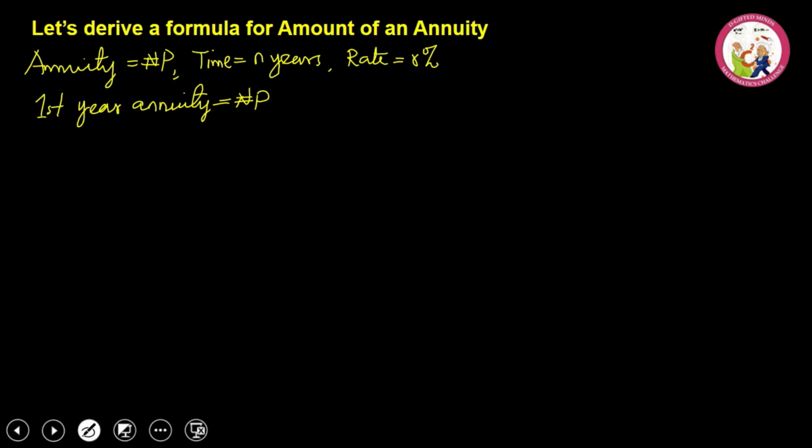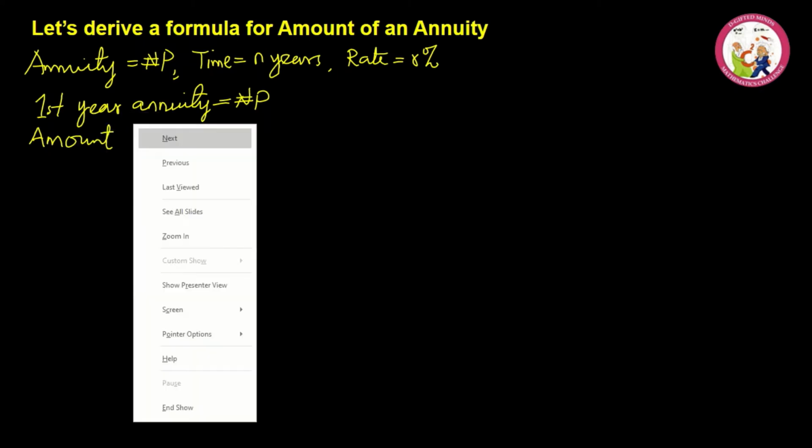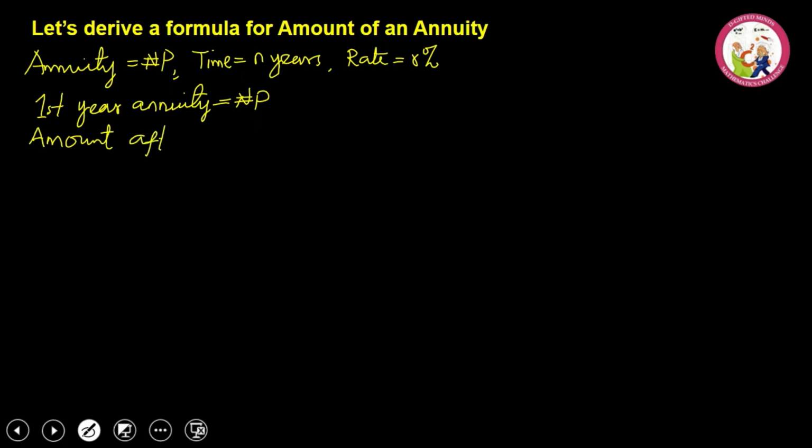Once you receive that annuity, you invest it for n minus 1 years, so that the amount you receive after n minus 1 years will be equal to P naira times 1 plus R raised to power n minus 1.